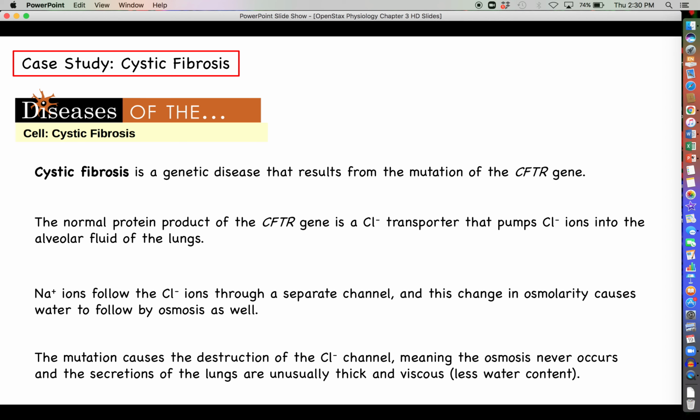It's like having a really thick paste inside the lungs. And I'm sure you're aware, if you've heard of cystic fibrosis, that in addition to producing digestive issues, it also makes breathing very, very difficult.